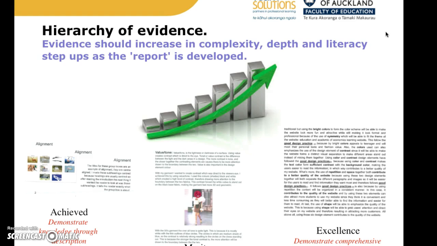They do this through describing certain elements. For merit, students must demonstrate in-depth knowledge by explaining the elements. And for excellence, students must demonstrate comprehensive knowledge, and they do this through discussing the elements.